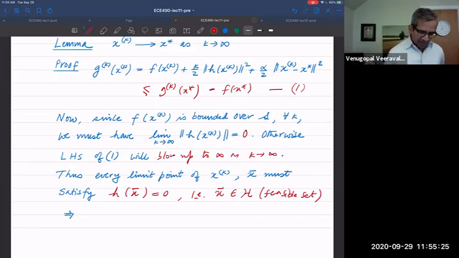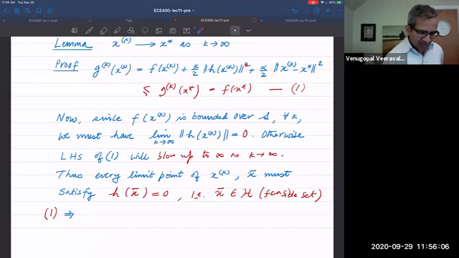Okay, so that's one thing I have. I've not proved yet that xk converges, but any limit point of it must satisfy the constraint h of x equals 0. Now the next thing we'll see is that condition 1 up here implies that this plus some positive number plus this is less than or equal to f of x star. If I remove any of these terms, it'll still be less than or equal to the right-hand side.